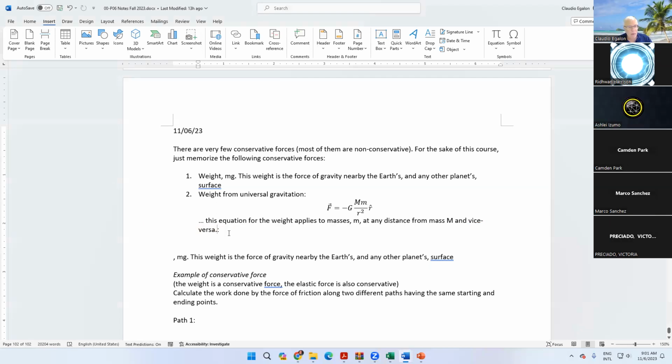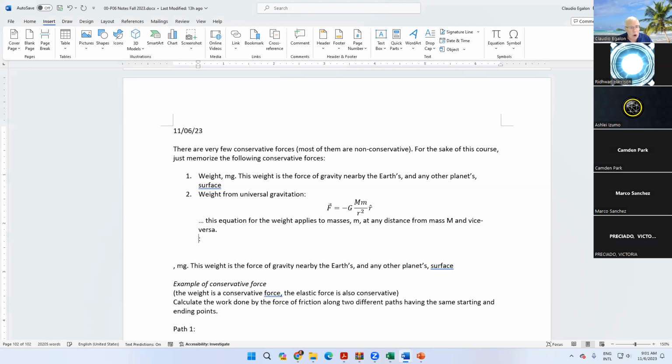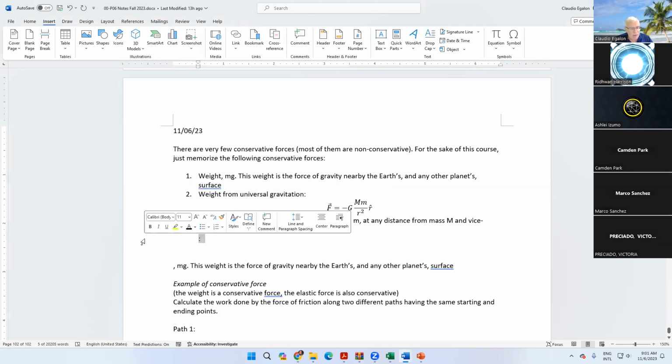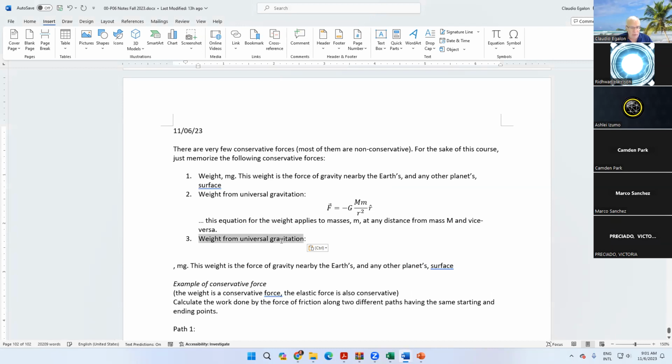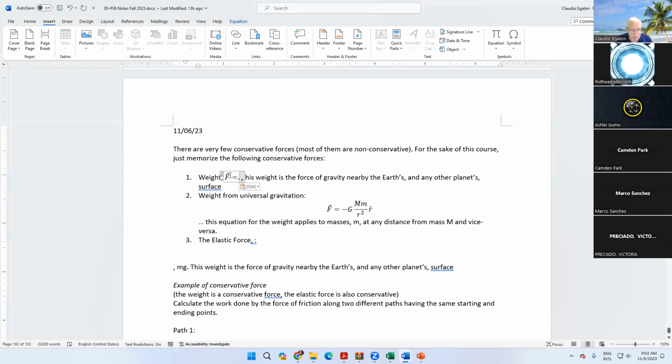Vice versa. Okay. The other conservative force, not the weight, is the elastic force. Here I'm going to write down as well the weight, F equal to mg, like that.